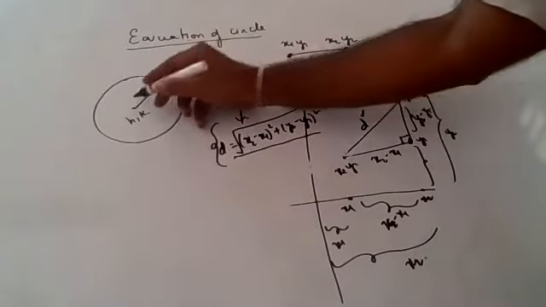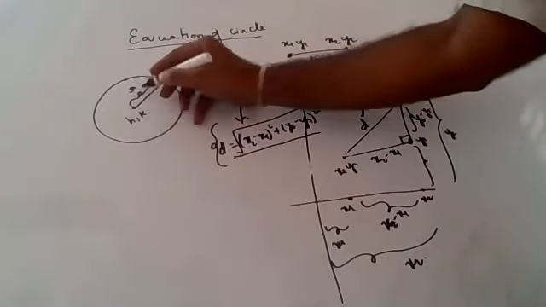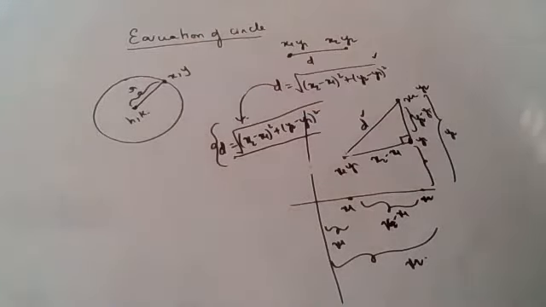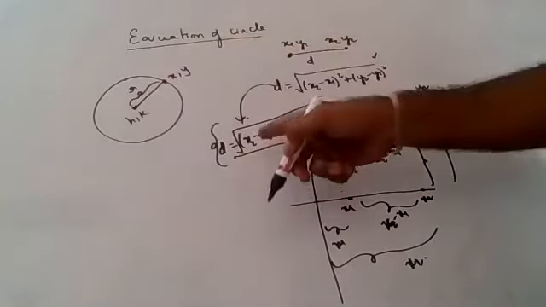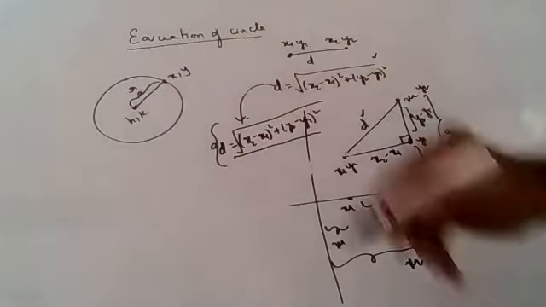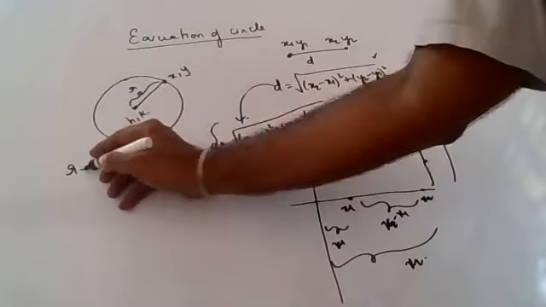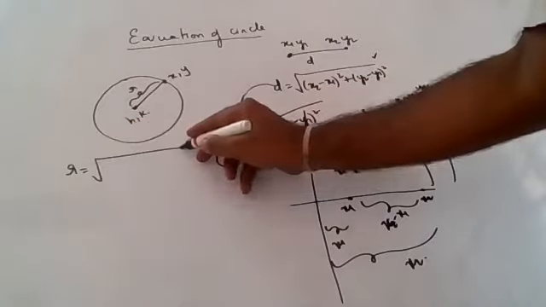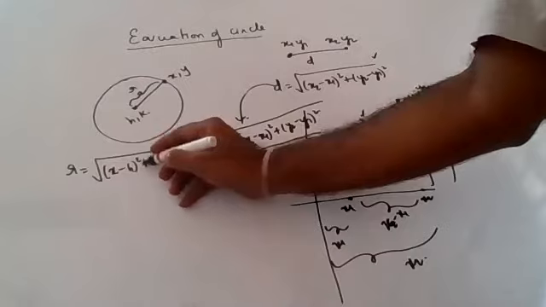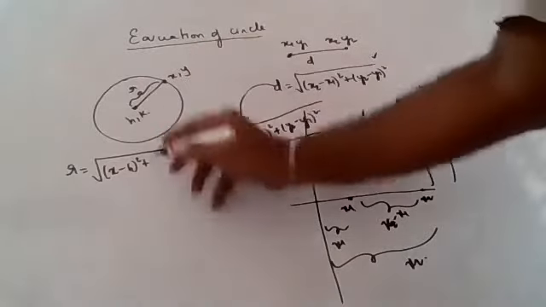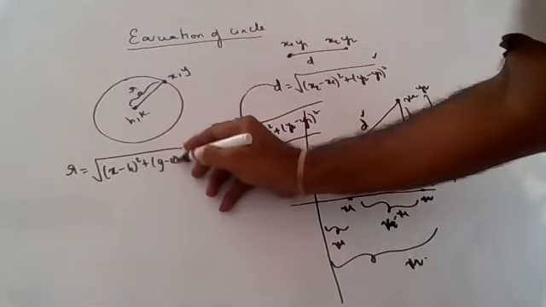If I want to find the radius, from here to here, we know this is the radius. If I want to find the distance between two points, I use the same formula. R is equal to under root of x minus h whole square plus y minus k whole square.